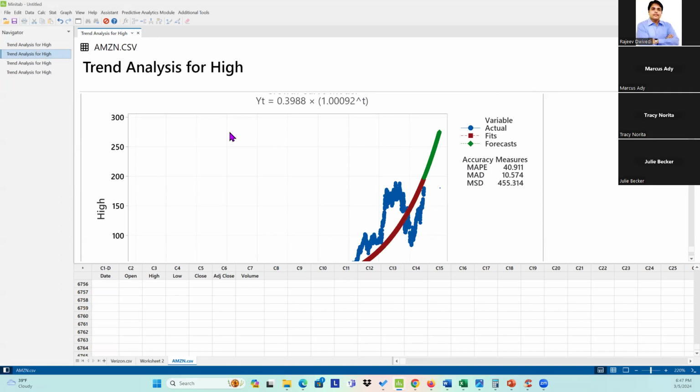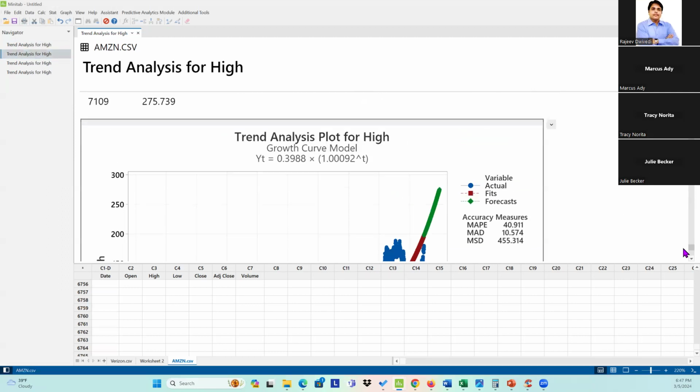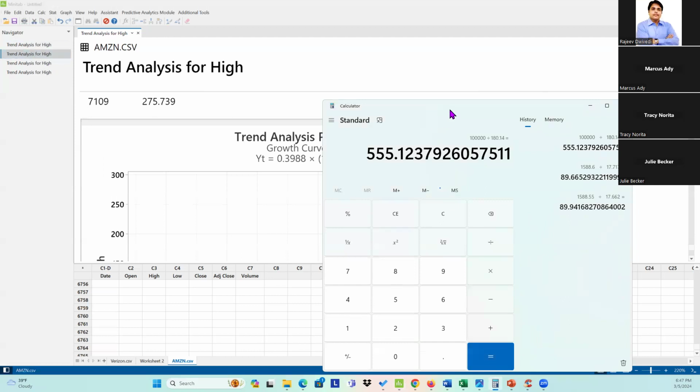Now, what is the value you get at the end of the 365? 275. So how many stocks did we get? We got 255. Sorry, 555. Now, this is the value of your stock. So 555.12 into 275.739.